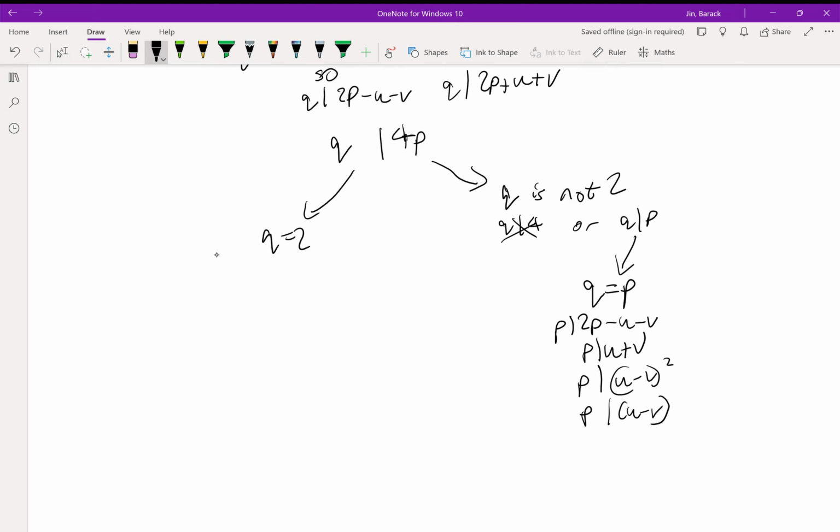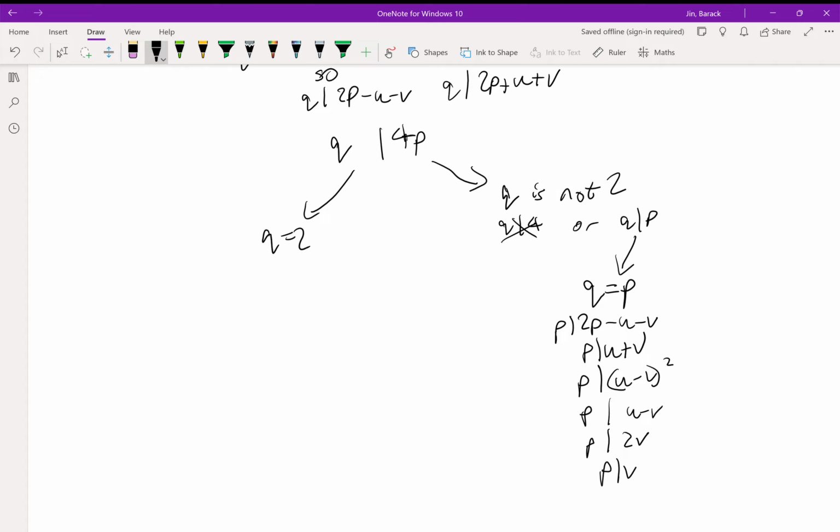And so p divides 2v if you take the difference of these two. And because p, as we said here, is not 2, p is a factor of v.